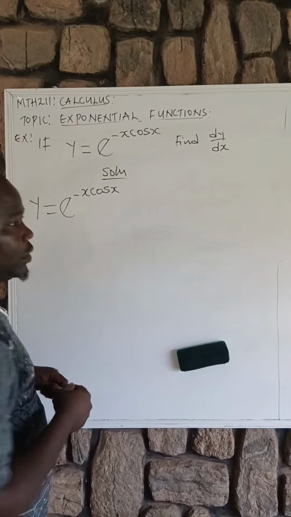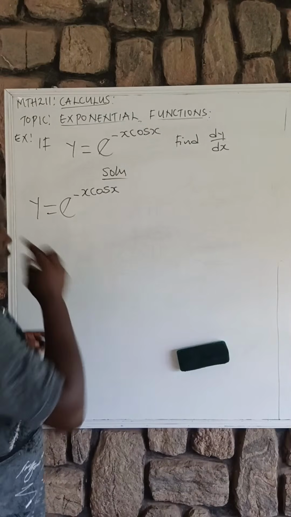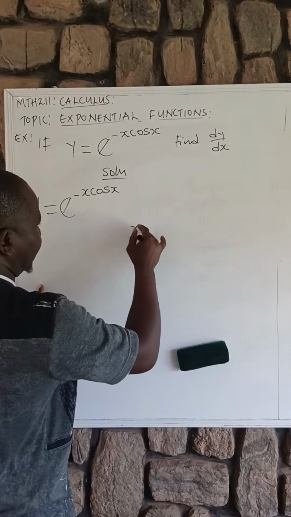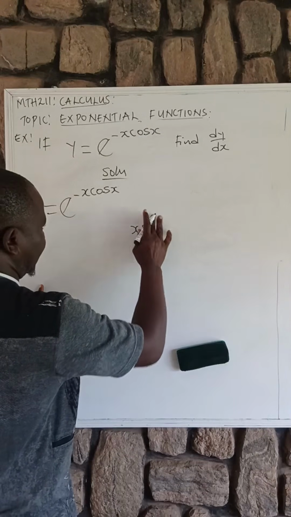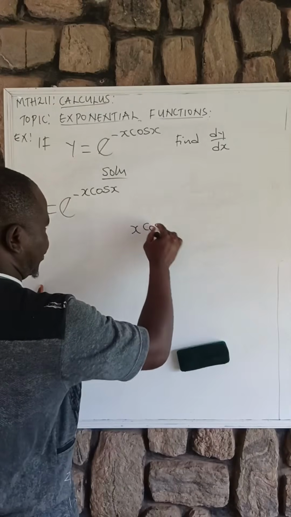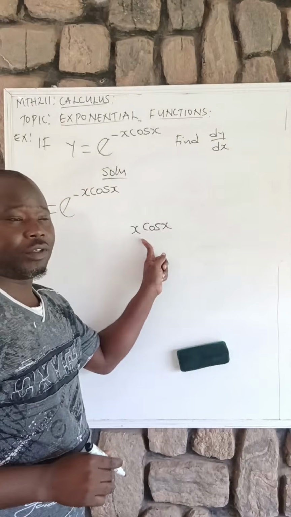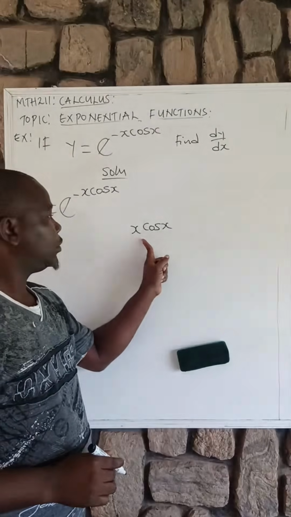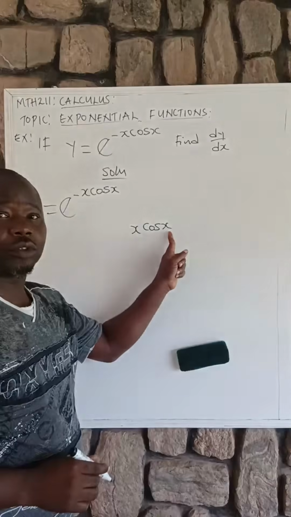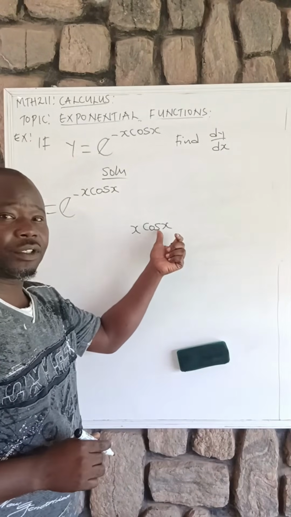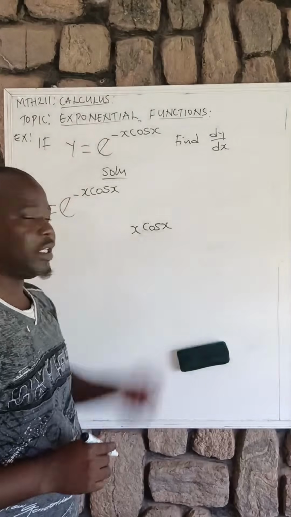Now, when you come across functions like this, let us say x cos x, you know that we are supposed to use the product rule, true or false? Because this is one function and this is another function, so two functions multiplying each other.